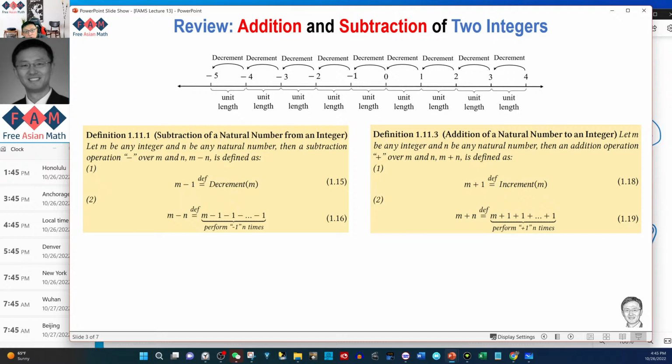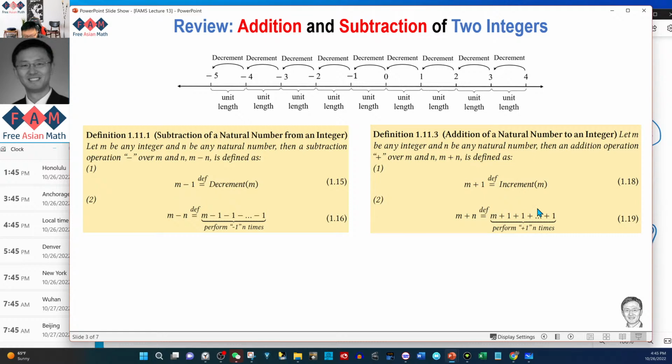But now the increment and decrement are capital cases. So for example, when we define subtraction, we start with m and we perform n times a decrement. Because the decrement now is the capital decrement, we can easily go across 0 and into the negative half of the number line.